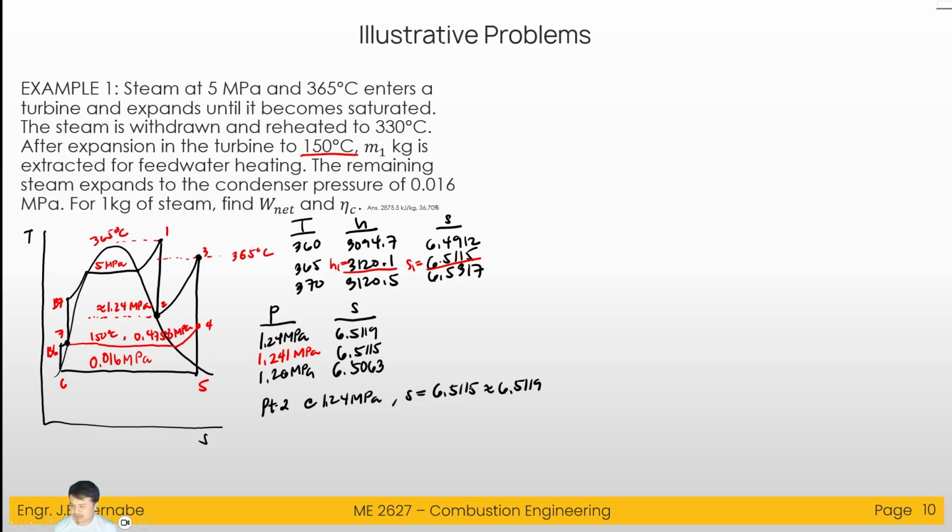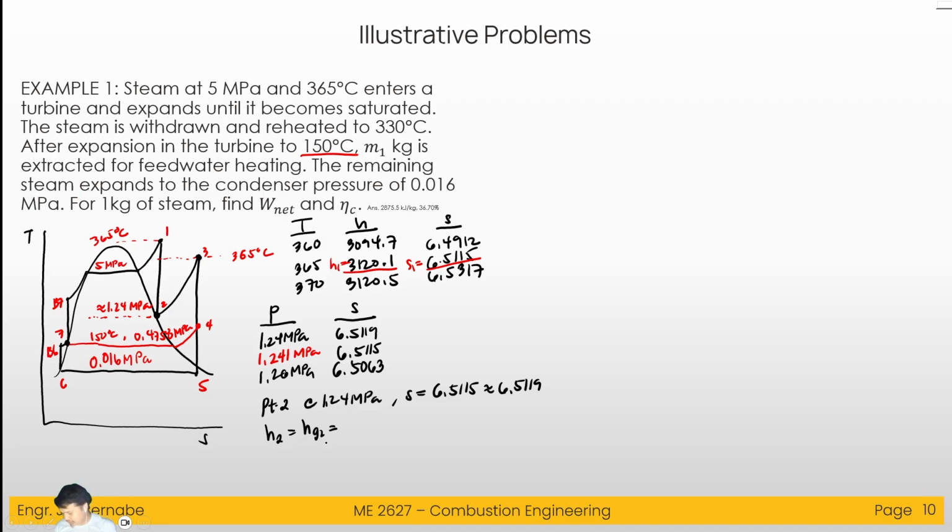That's why I'll just use 1.24 to find the Hg, which is also the H2. This will be in Table 2.